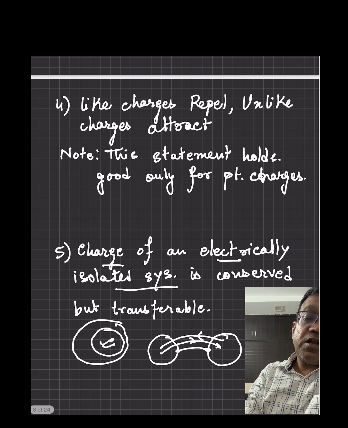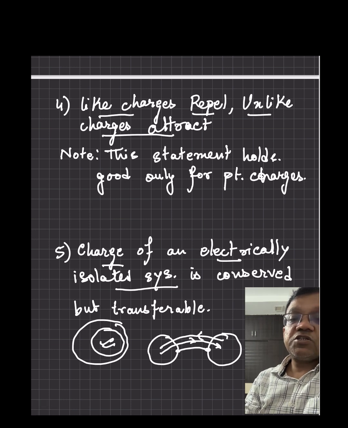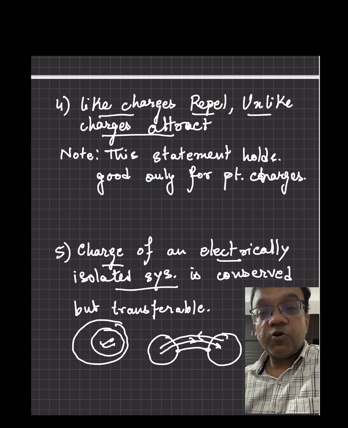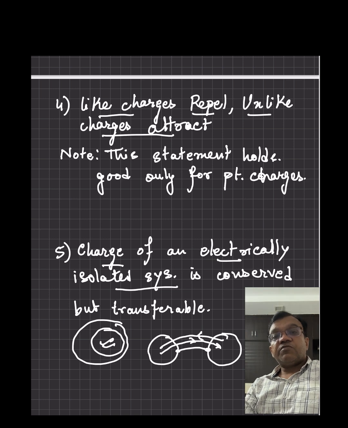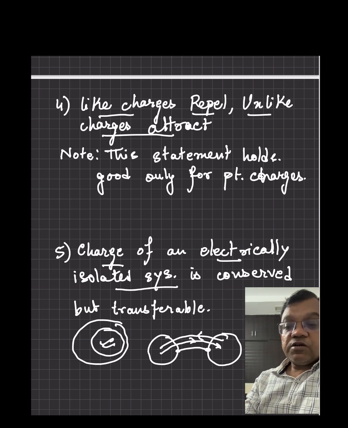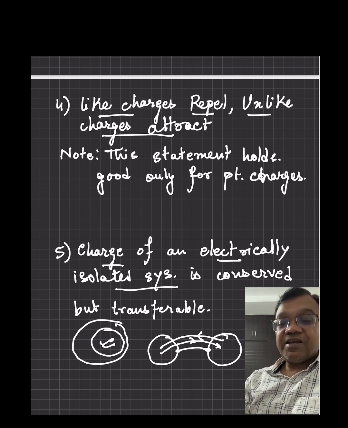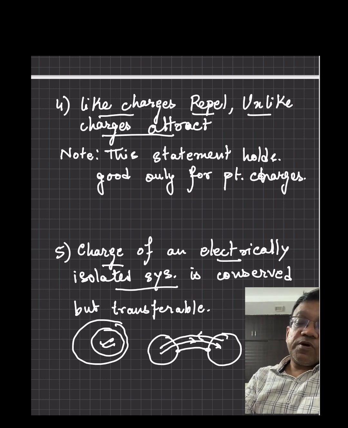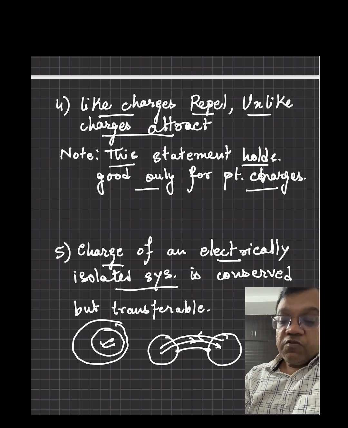Next point: like charges repel each other, while unlike charges attract each other. Two like charges are going to repel each other, positive with positive, negative with negative. But two unlike charges, positive and negative, attract each other. But remember, this statement is valid only for point charges. Why is it so?